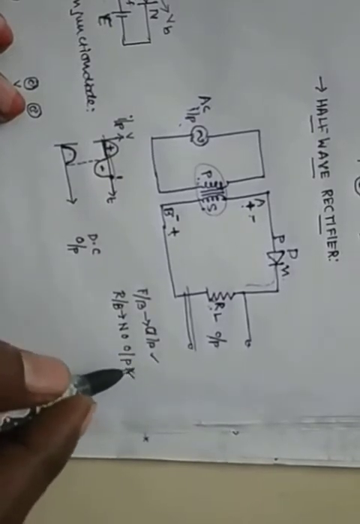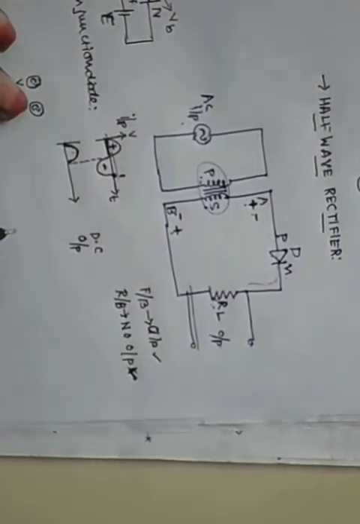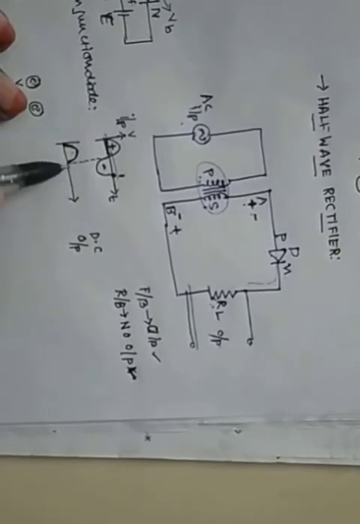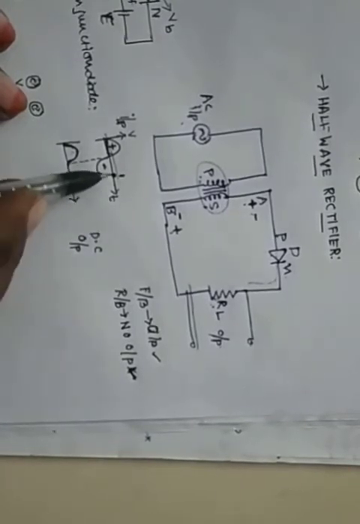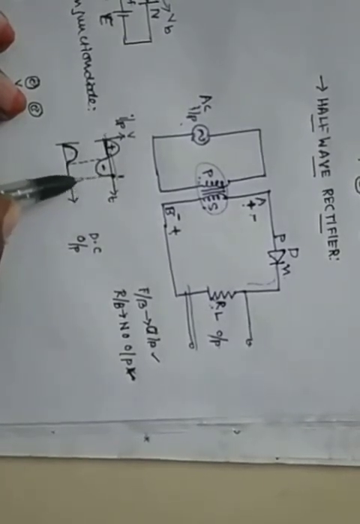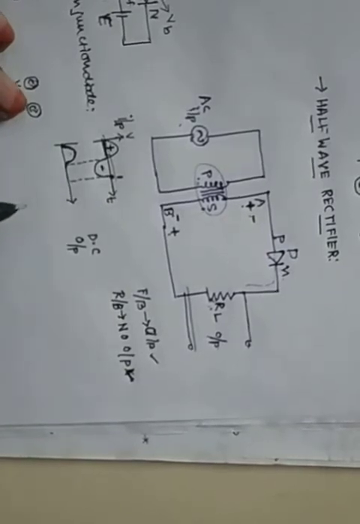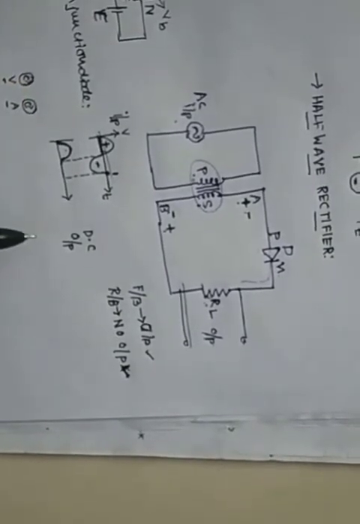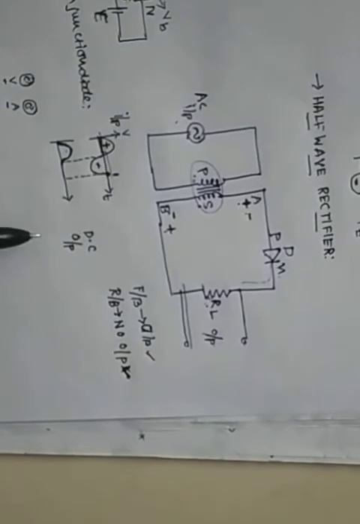That means no output comes out, so no pulse should be drawn here, because current will not come out through the diode due to the reverse bias condition.